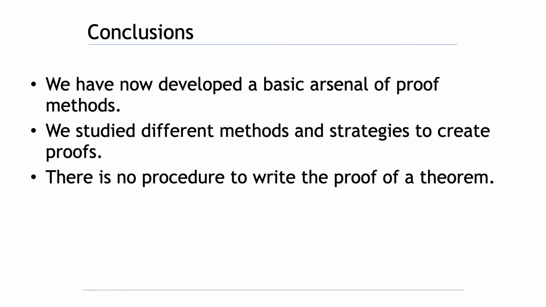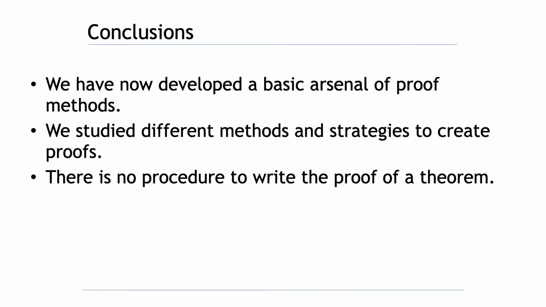So, as a conclusion, we have now developed a basic arsenal of proof methods. What we should do is try one method. If we don't get the expected result, then we move to the next method in our arsenal. We study different methods and strategies to create proofs.